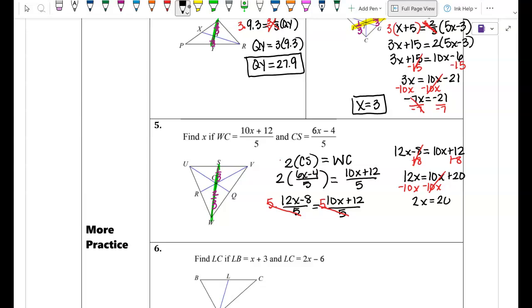I get 2x equals 20. Divide both sides by 2, and x equals 10. I go back and check. That's what they asked for. They asked me to find x, so I don't have to go any further on that one. But again, that is a different relationship. I have to understand that it takes 2 of the smaller segment to equal the bigger segment of the median.